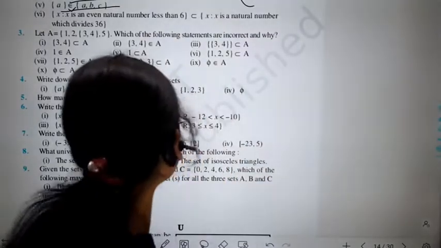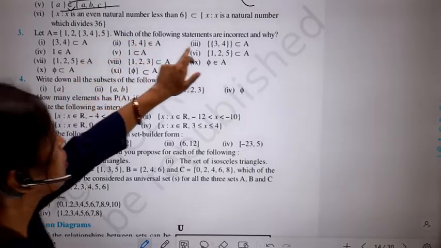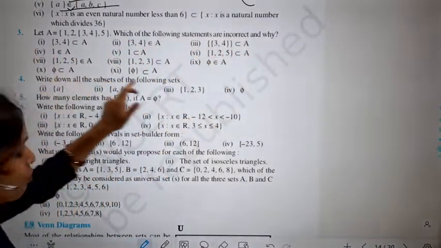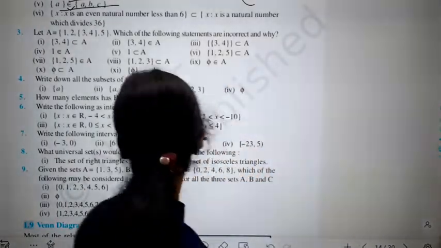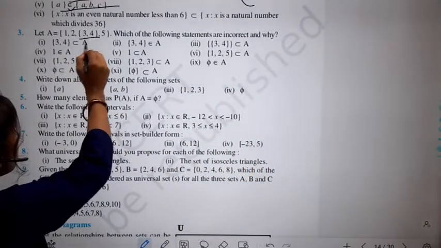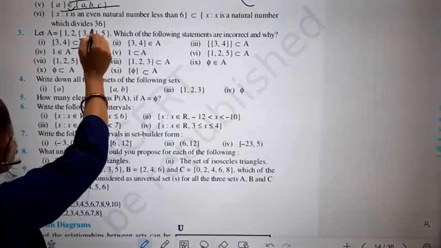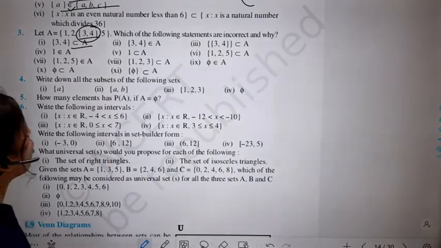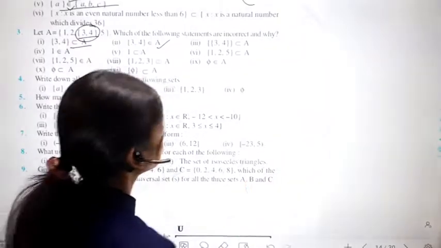subset. Now the next one is A is equal to 1, 2, 3, 4. We have to identify which one is correct and which one is not correct. Then 3, 4 is also a subset of A, it also belongs to A. It is true.